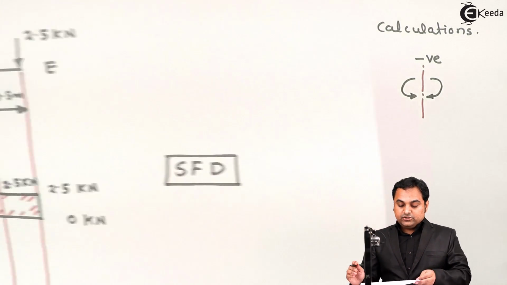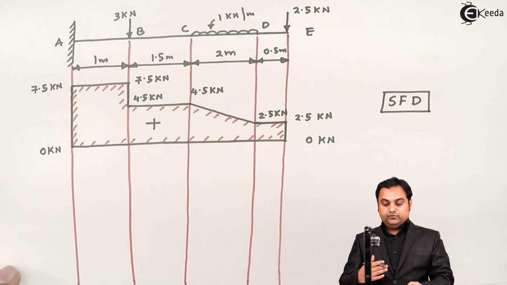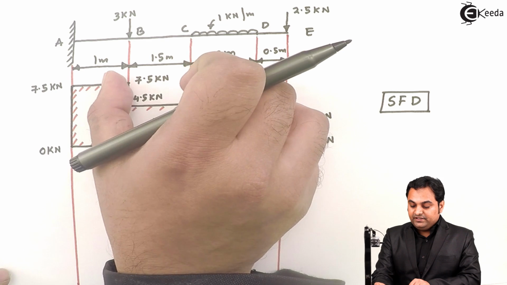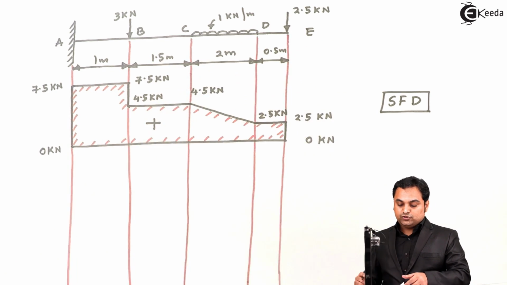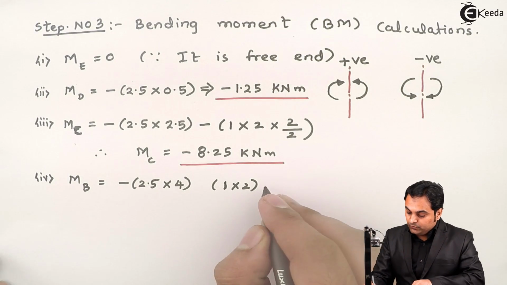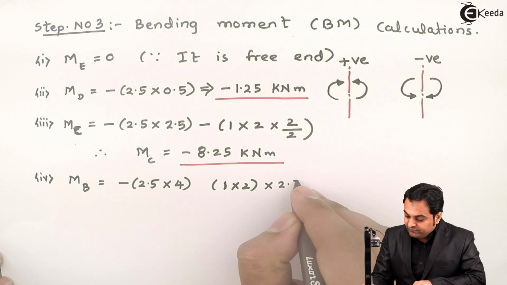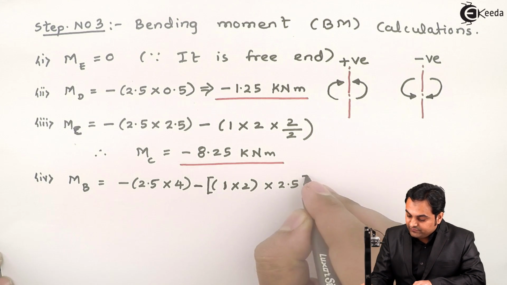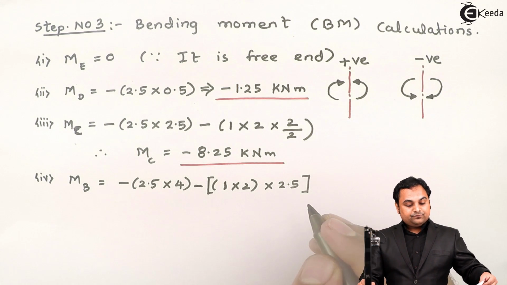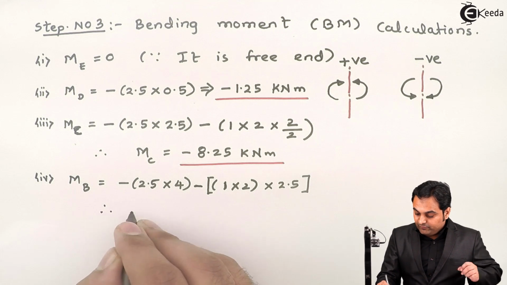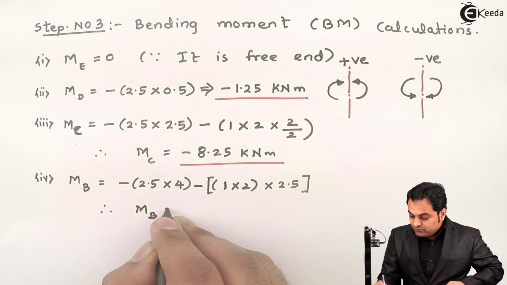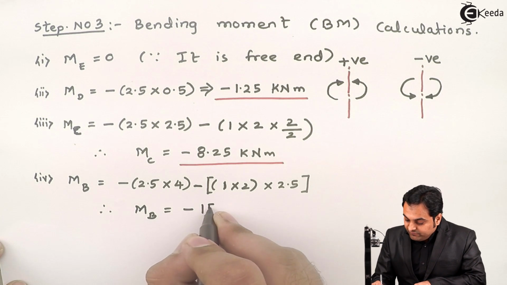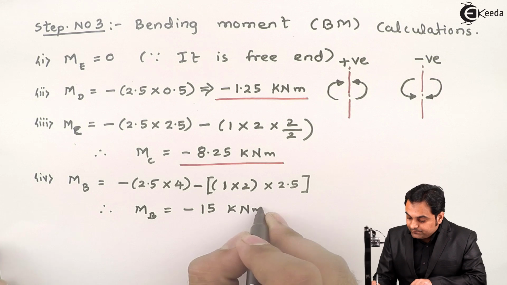It is acting at 1 meter from C, but from B the distance is 1.5 plus 1, that is 2.5. So into 2.5 meter distance, and that is clockwise moment on the right hand side, so negative. So from this I'll get the value of moment at B, which comes out to be minus 15 kilonewton meter.